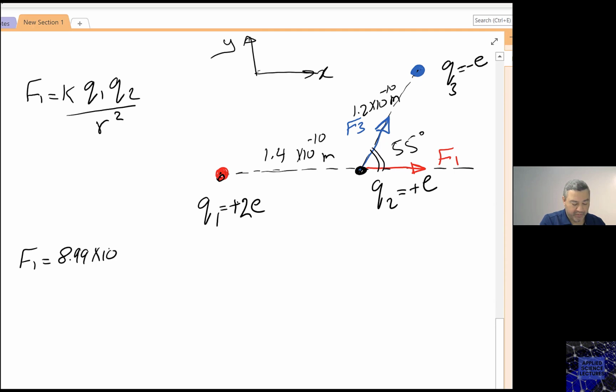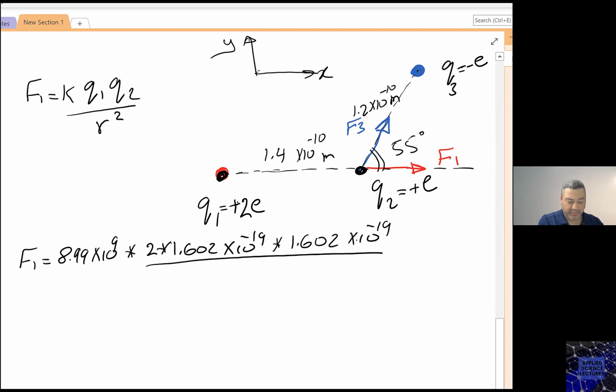8.99 10 to the power 9 times Q1, which is 2, 1.602 10 to the power minus 19, Q1, Q2, also magnitude, 1.602 10 to the power minus 19, divided by 1.4 10 to the power minus 10 squared.